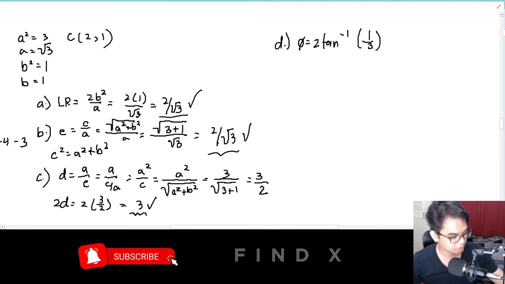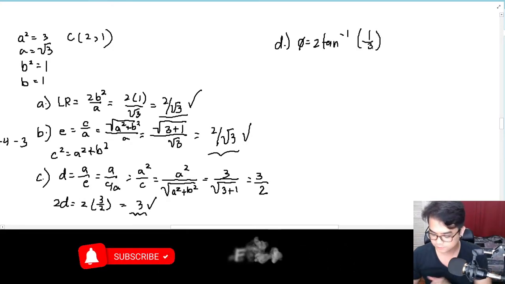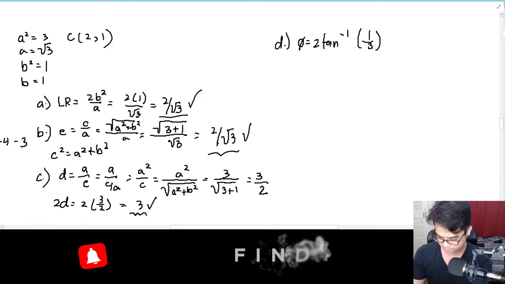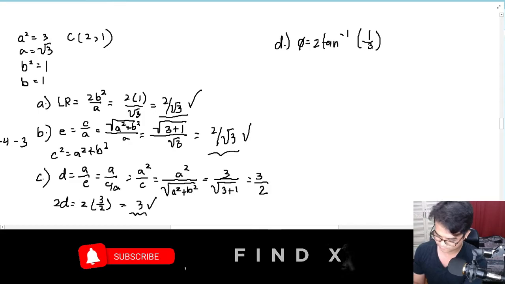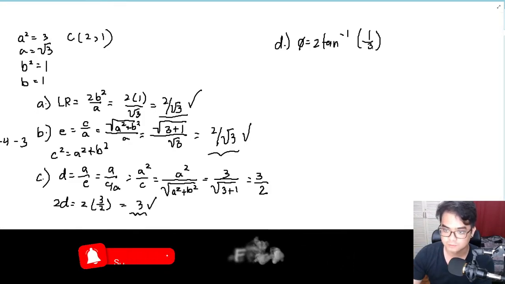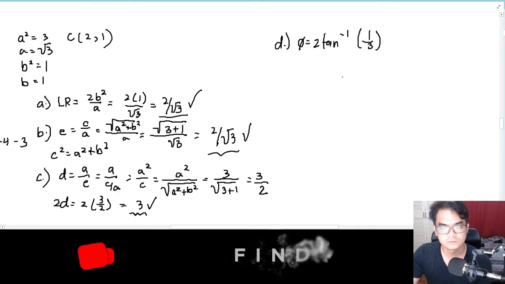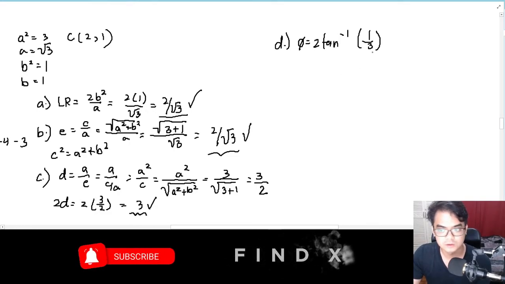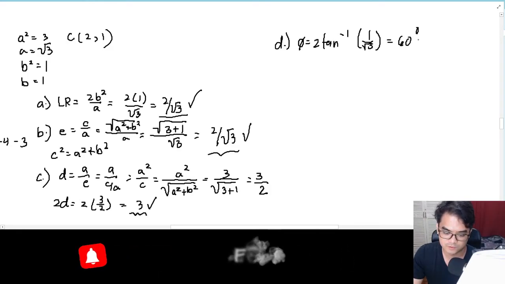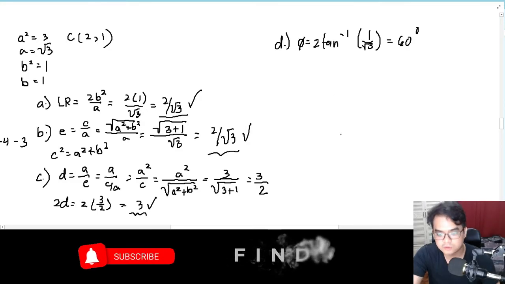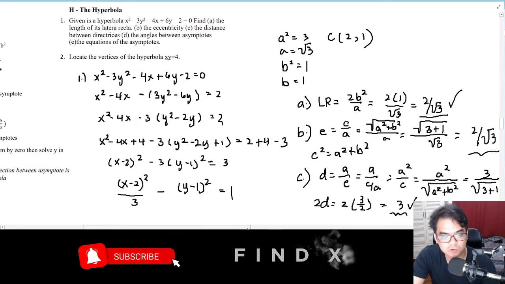So let me see if I have an answer for that. That is 60. So this is 60 degrees. Okay, and letter E, I think that's the equation of asymptotes, right?